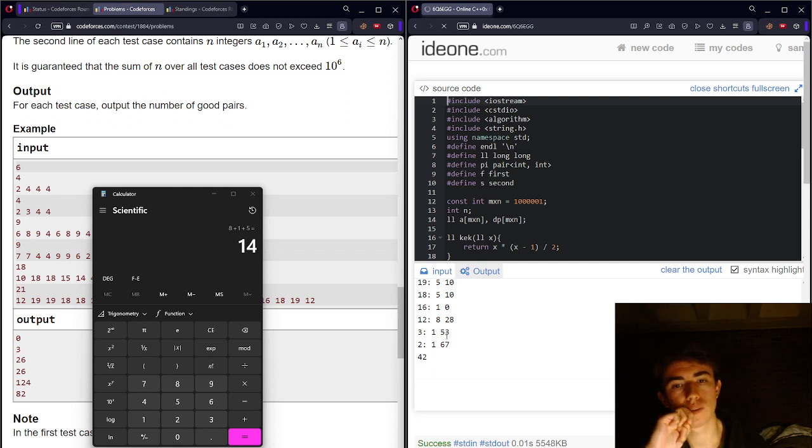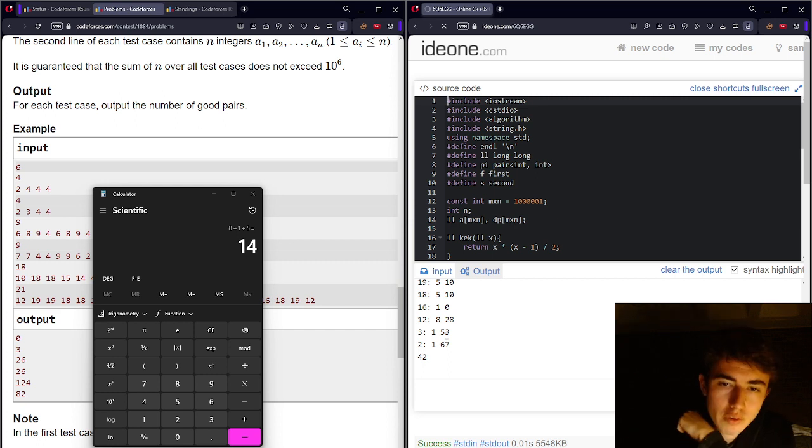How do we know that we need to subtract those pairs, right? The ones we're overcounting are values that we haven't gone over their GCD.